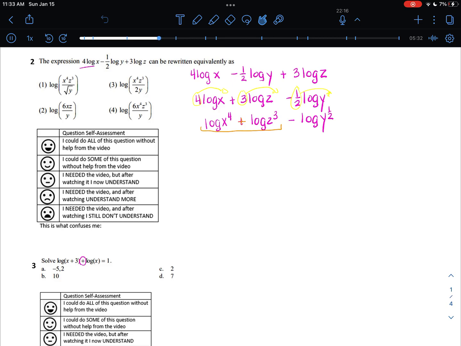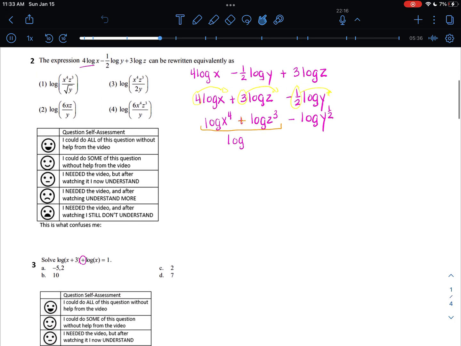So that can be rewritten as log of x to the fourth times z to the third. And then I have minus log y to the 1/2.